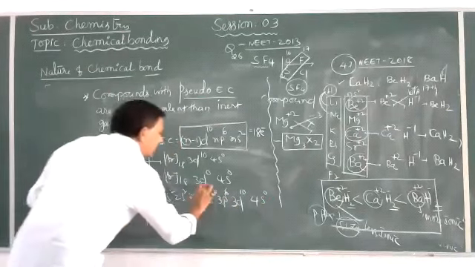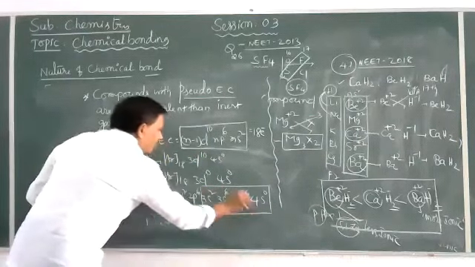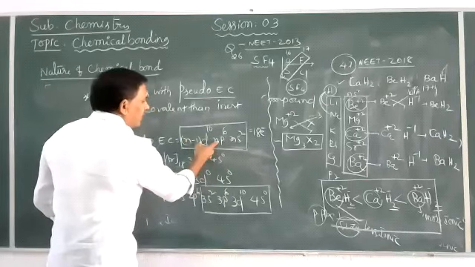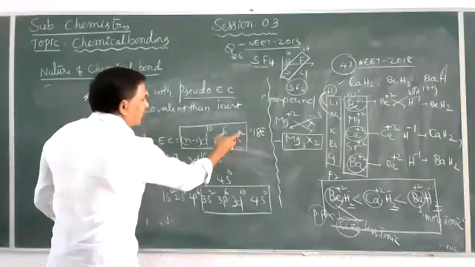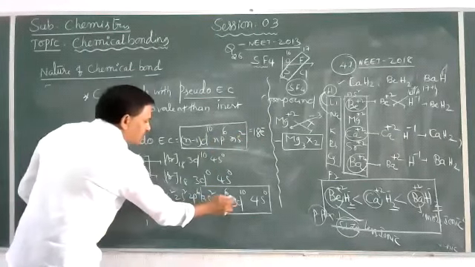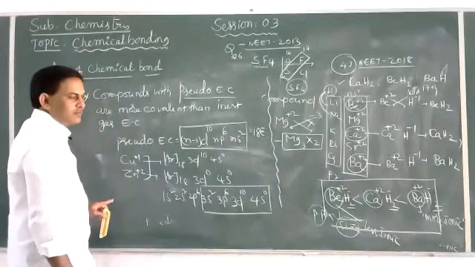Here it contains 18 electrons. Here also 3s2, 3p6, 3d10 is in its outermost orbit, 18 electrons are there.